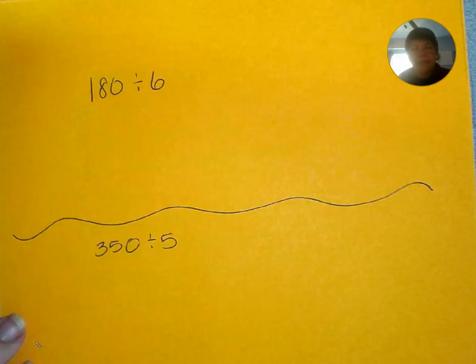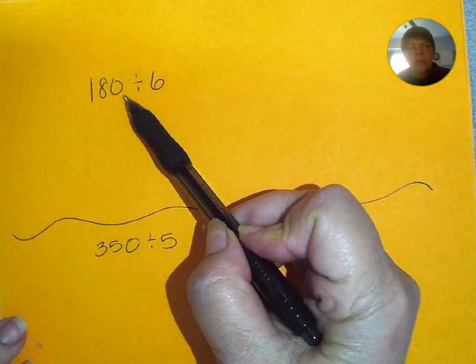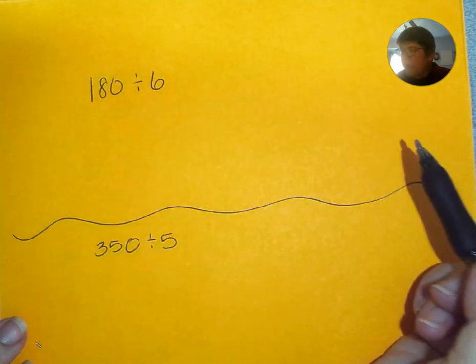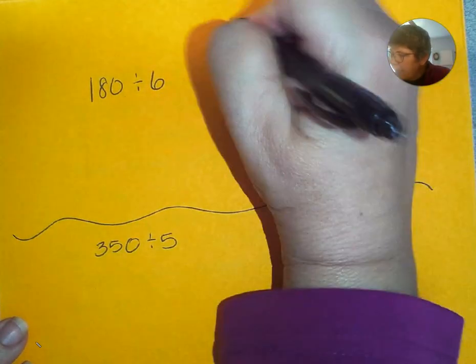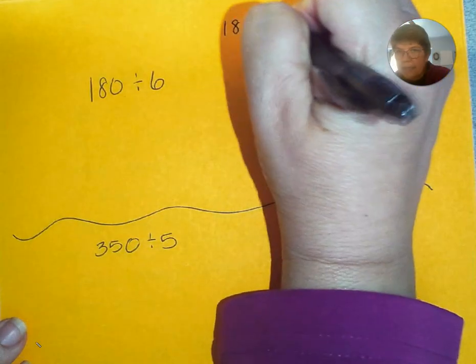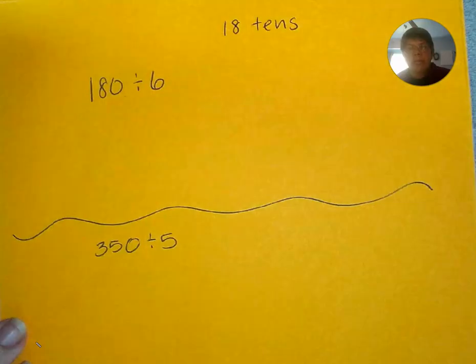180 divided by 6. All right, so like we said, 3 digits divided by 1 digit. And I'm going to write this out as 18 tens, right? 180 is the same as 18 tens.